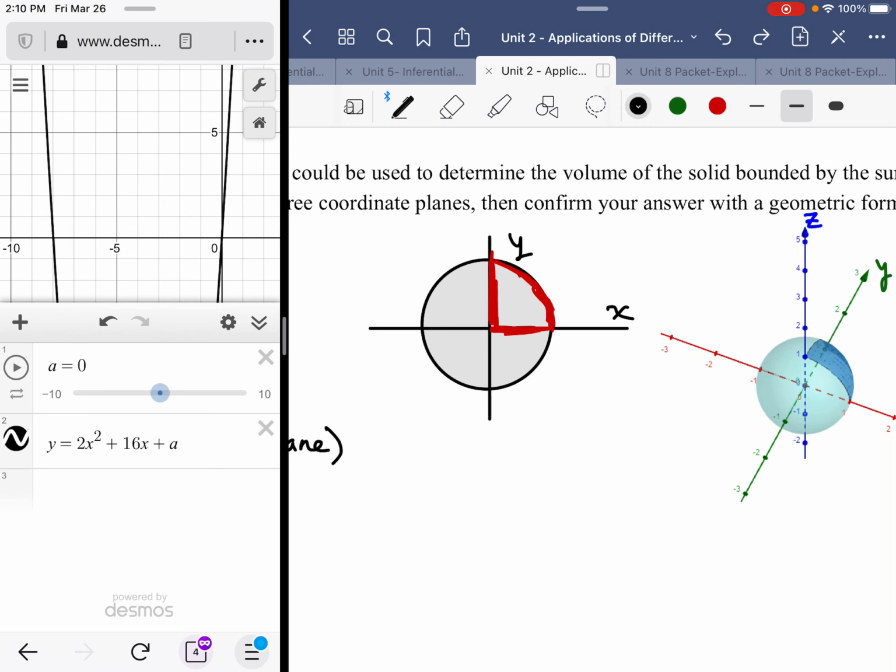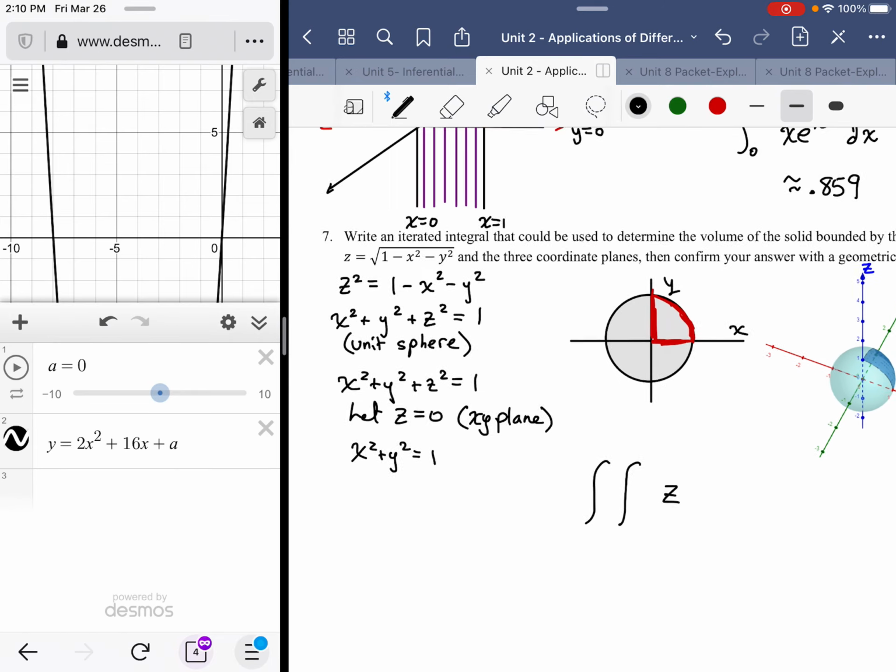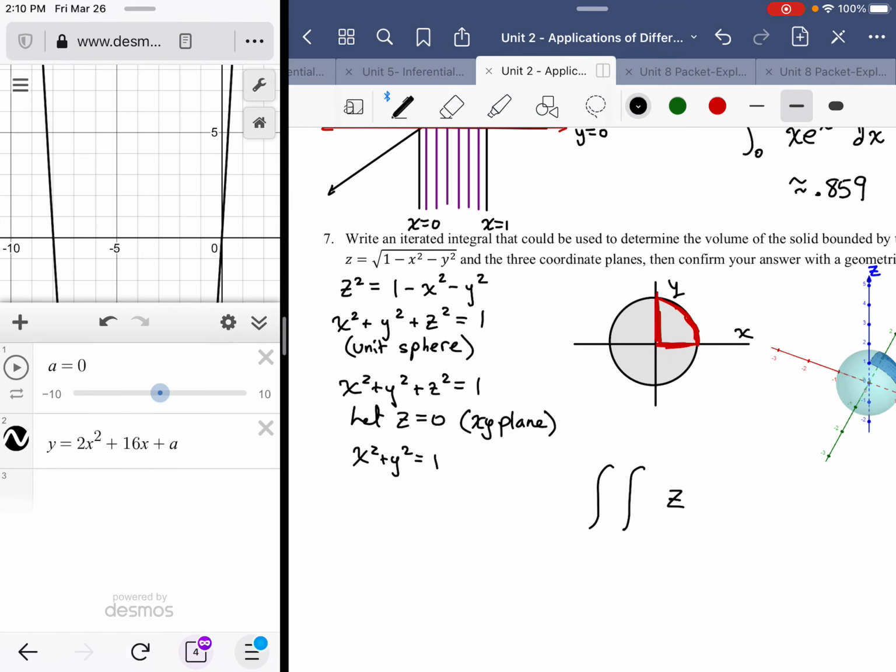Kind of on the path here. We're going to have a double integral of z. Now it's a question of dx dy or dy dx. It's not going to make a difference because of the symmetry inherent in a circle centered at the origin. So x squared plus y squared equals 1. We could solve that for x, equal to plus or minus the square root of 1 minus y squared.